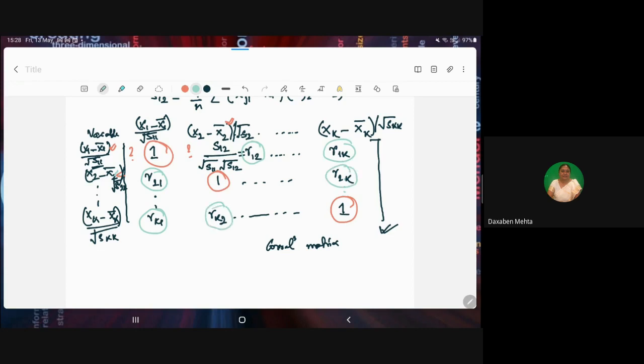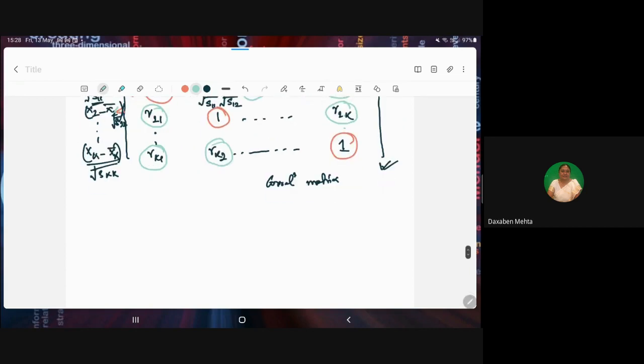Same things. So sometimes in software, they write the correlation matrix in this way: 1, some values, again 1, then some values, again 1, and in this way the last value is 1.